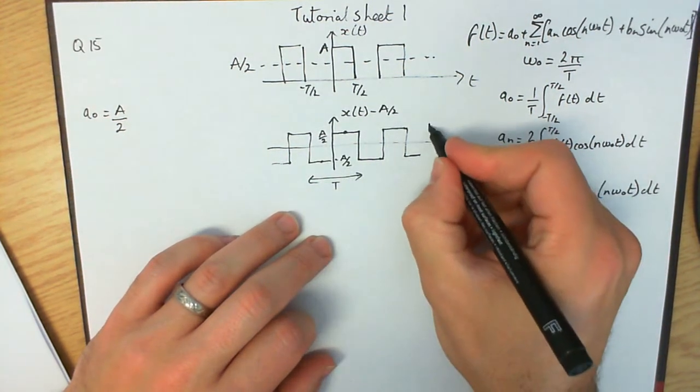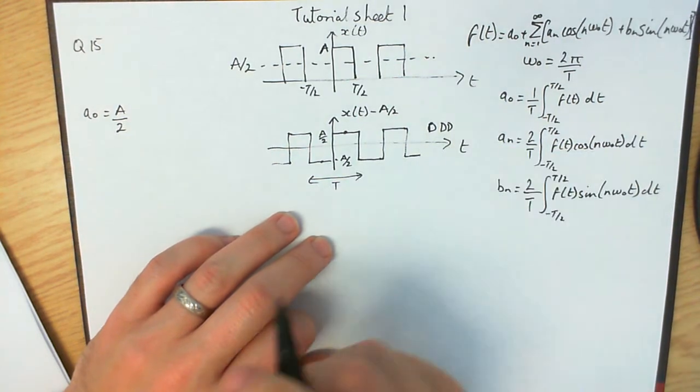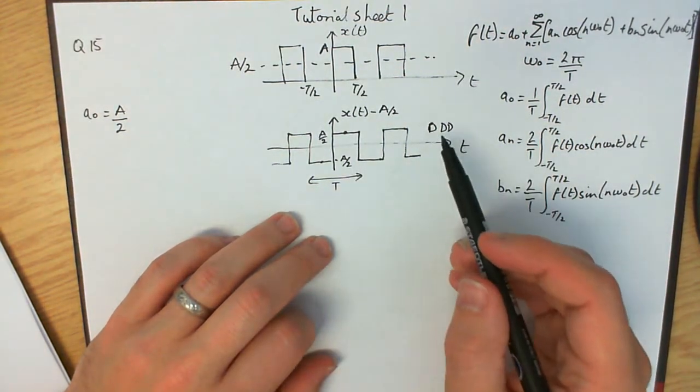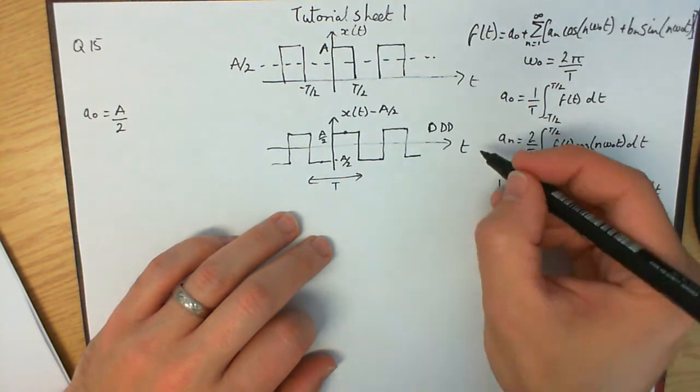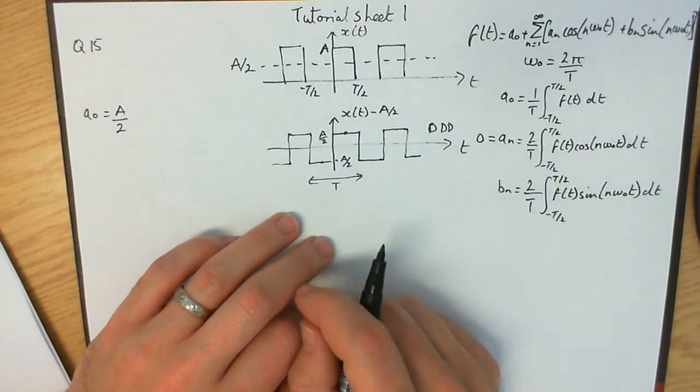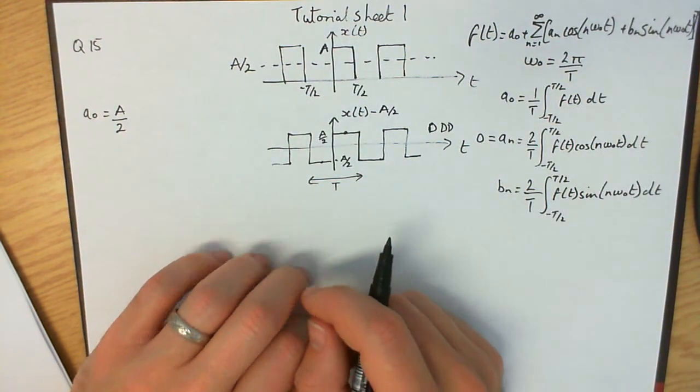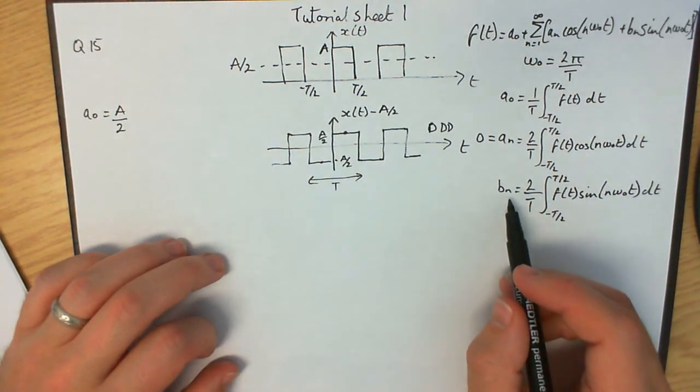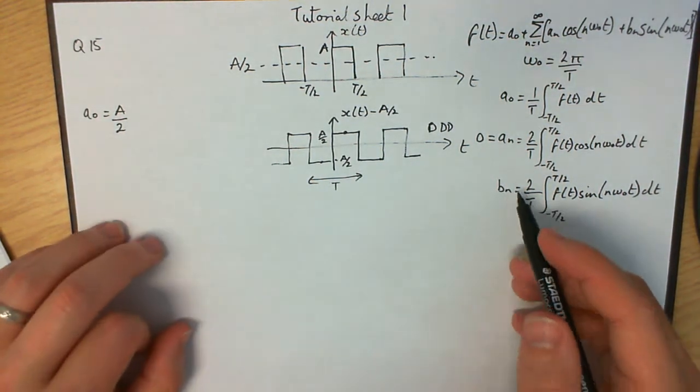So this is an odd function. And an odd function means that an is 0 in this case.